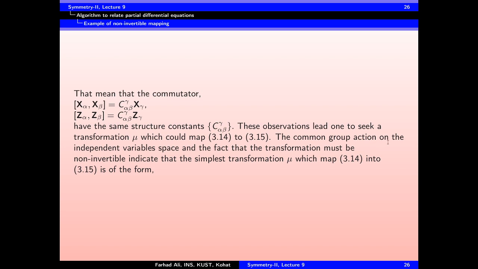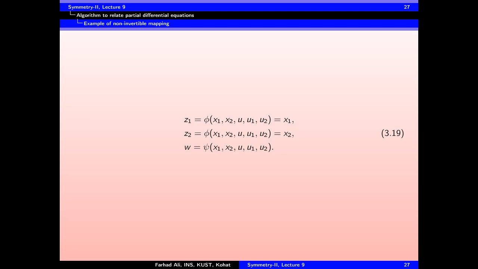The common group action on the independent variable space and the fact that the transformation must be non-invertible indicate the simplest transformation mu, which maps 3.14 to 3.15, that is, the heat equation to the Burgers equation. So we see from the observation that the group action among the independent coordinates is the same, so we leave that as it is.